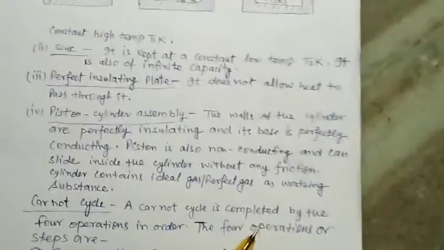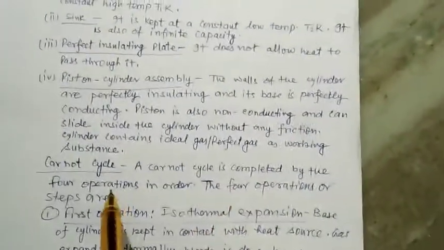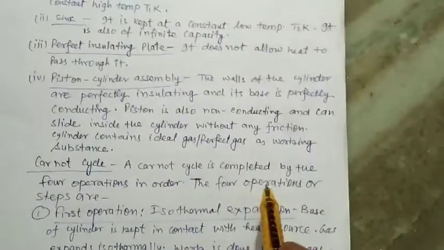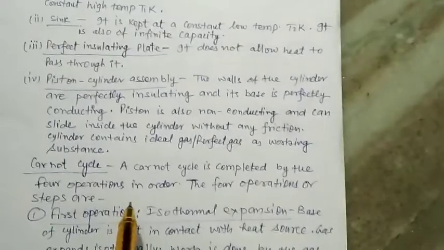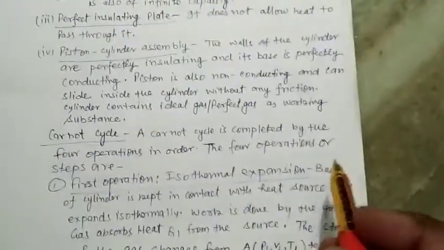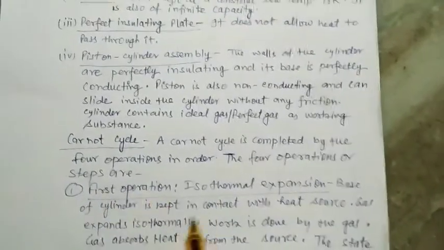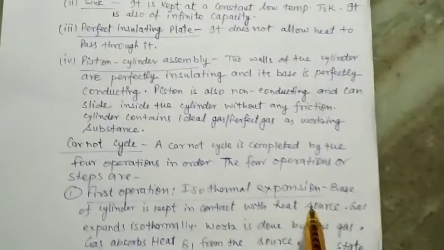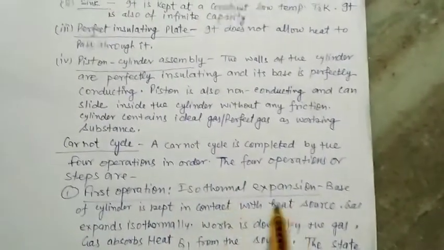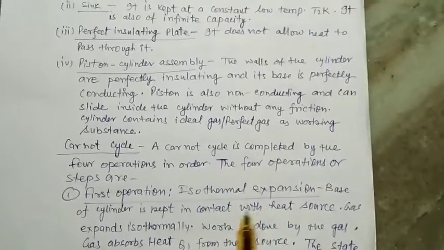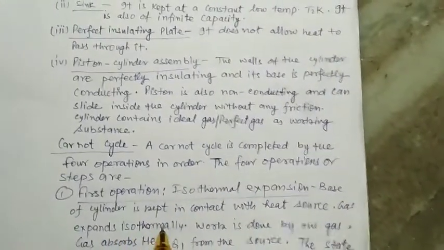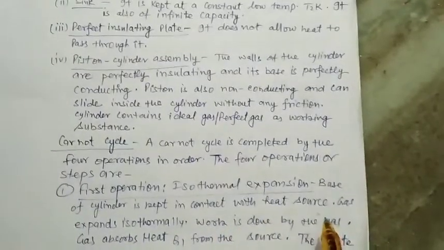So come here, Carnot cycle. A Carnot cycle is completed by 4 operations in order. The 4 operations or steps are: number 1, the first operation, isothermal expansion. The base of the cylinder is kept in contact with the heat source.